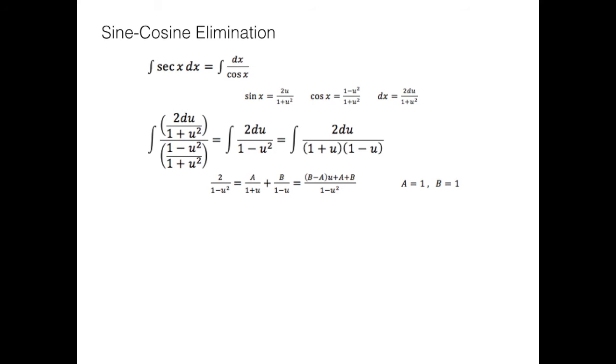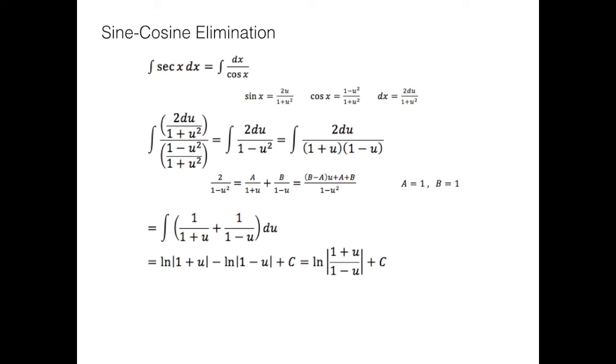And then with our addition, we see that it equals B minus A all times u, plus A plus B, over 1 minus u squared. And then with some math, we can see that A and B both equal 1. So plugging our partial fractions back into the original integrand, we can see that it becomes the integration of the quantity 1 over 1 plus u plus 1 over 1 minus u du.